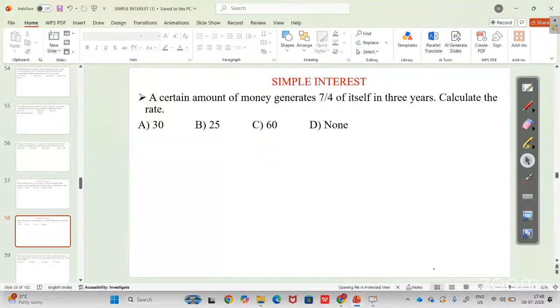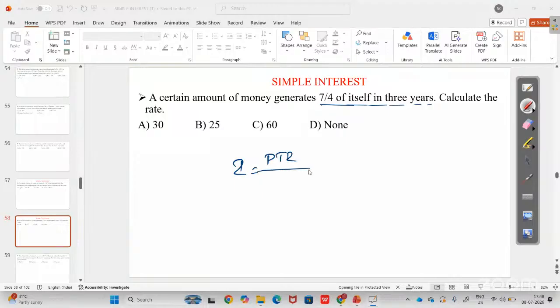A certain amount of money generated 7 by 9th of itself in 3 years. So I equal to PTR by 100. Here the interest is 7 by 4 times of itself.